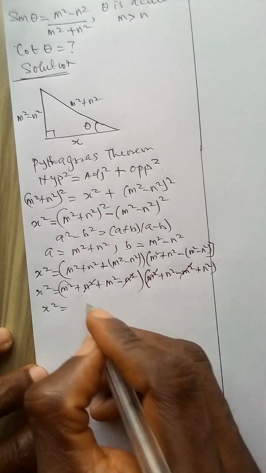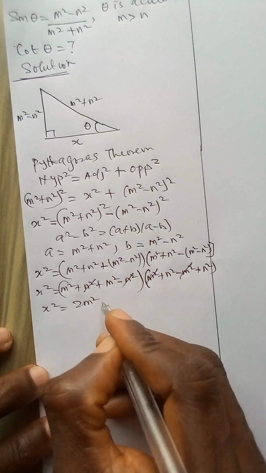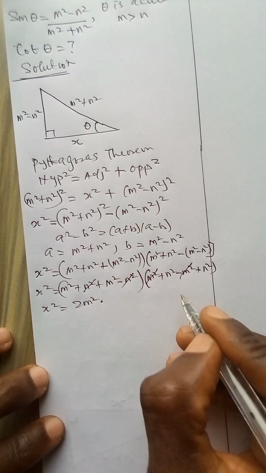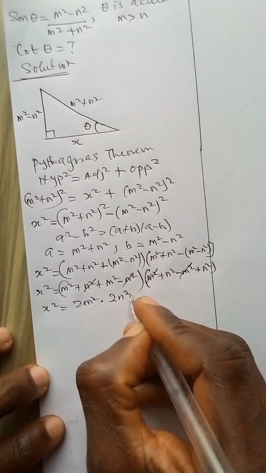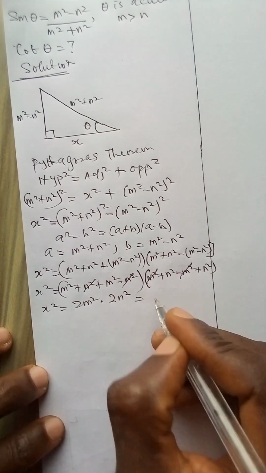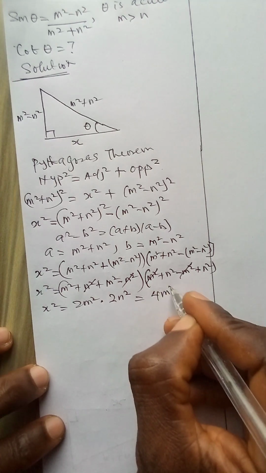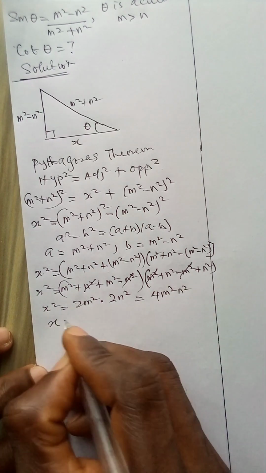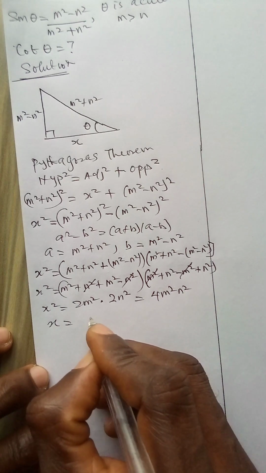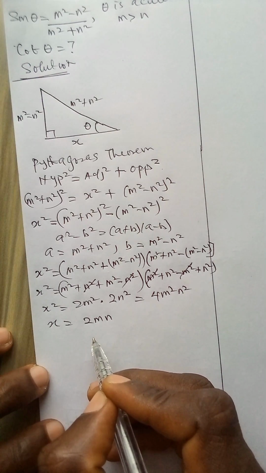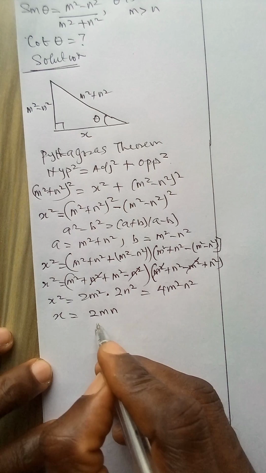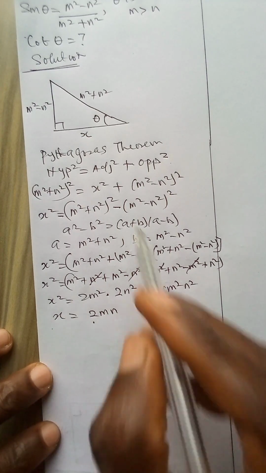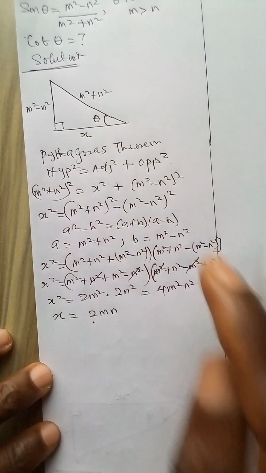So we are now left with 2m squared times 2n squared. Now, that can be written as 4m squared n squared. So if we find the square root of this, we have 2m times n. So this is the value of x, which is the adjacent side.